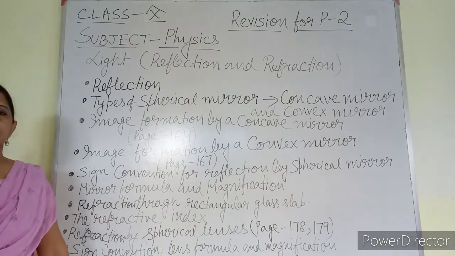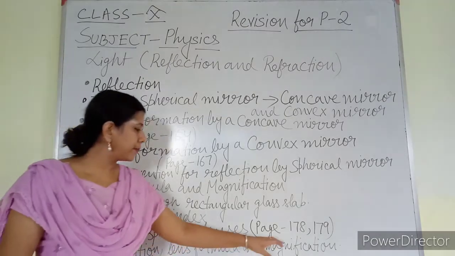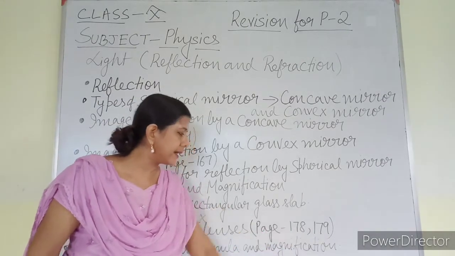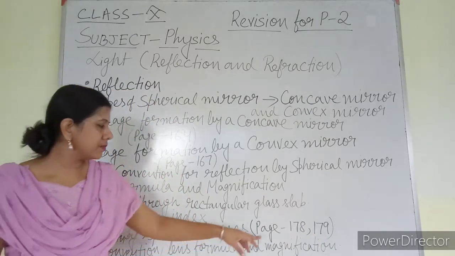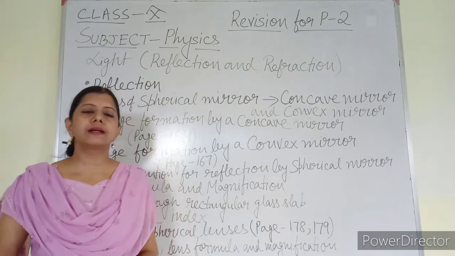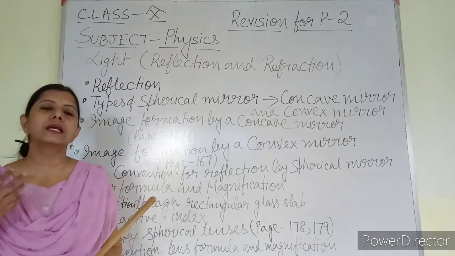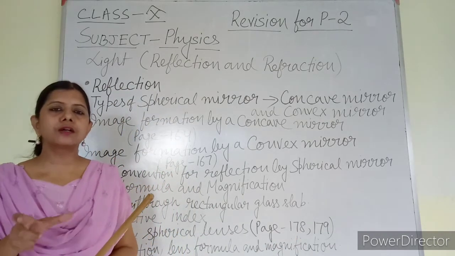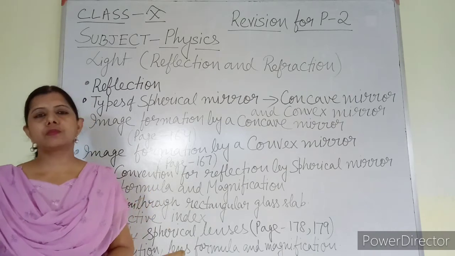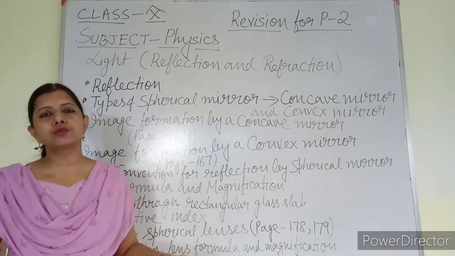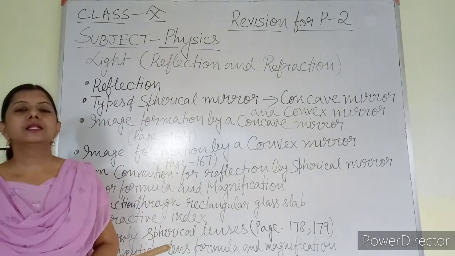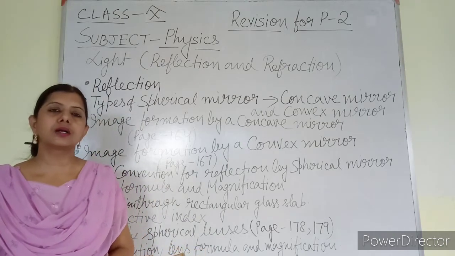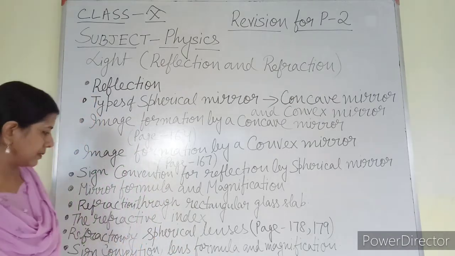Refraction by spherical lenses you can find on pages 178 and 179 of the NCERT book, which give you, in tabular form, the image formation by the two types of lenses, that is convex lens and concave lens. These two tables you have to understand and memorize.